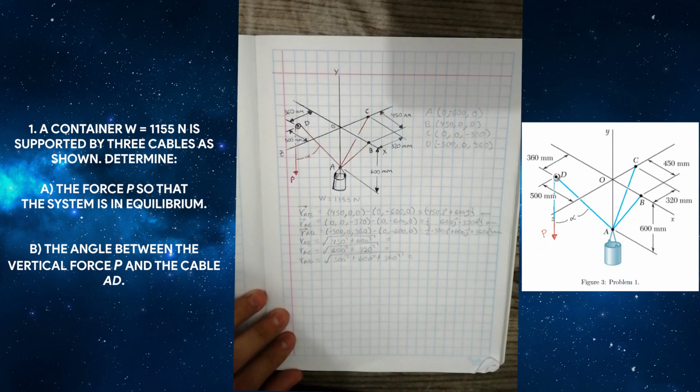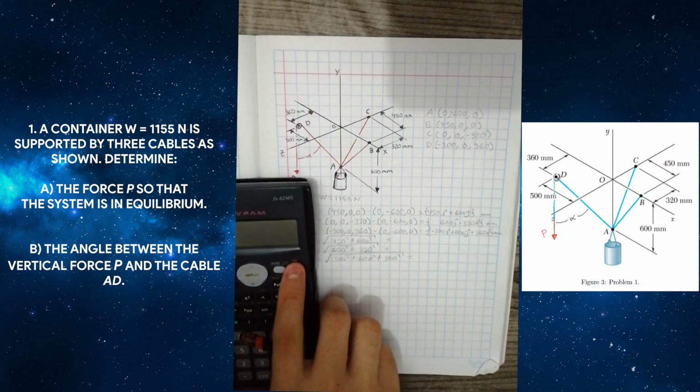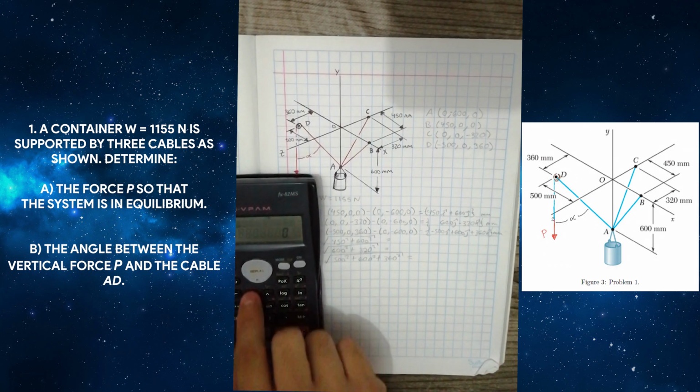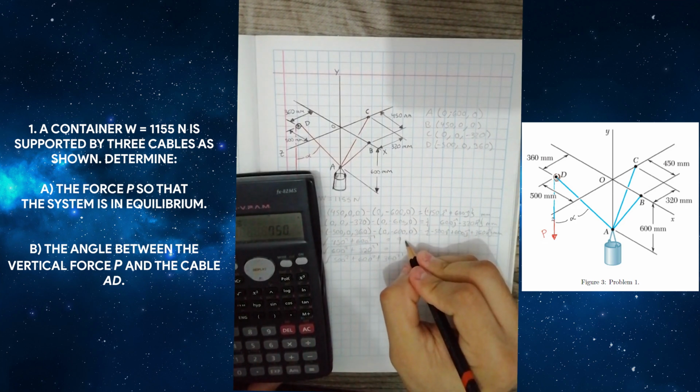And now I'm going to use the calculator to calculate the values. For the first, 450 square plus 600 square, square root, is 750.